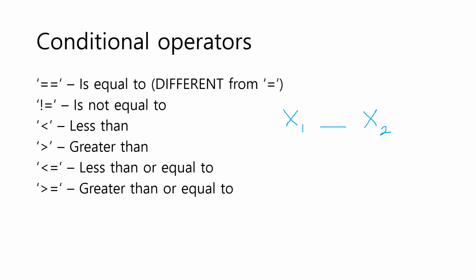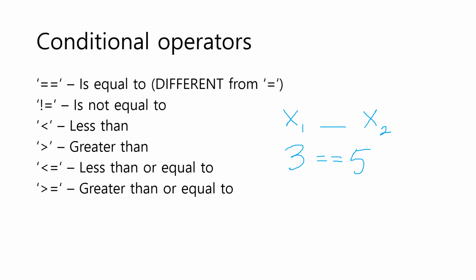It is very different from the single equals operator, which is the assignment operator. While the assignment operator assigns a value to a variable, the double equal sign, the equality operator, just compares these two values, to see if they're equal to each other. If there's an expression like 3 == 5, the whole value of this expression would be a false value.